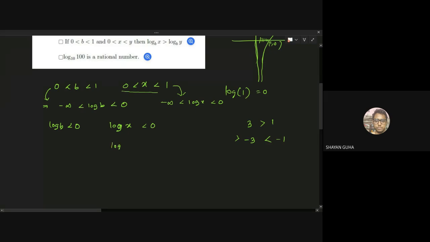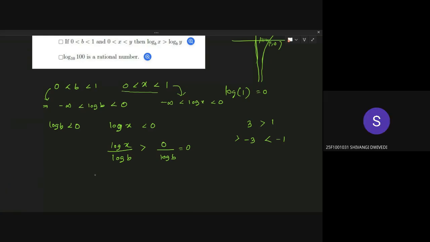Now what will happen if I divide log x by log b? Log x is itself negative, and I am dividing by a negative quantity. Now 0 divided by log b obviously gives me 0, since 0 divided by a finite quantity is 0. Since the numerator is negative and it is divided by a negative quantity, and division means multiplying by a reciprocal, the sign will change.